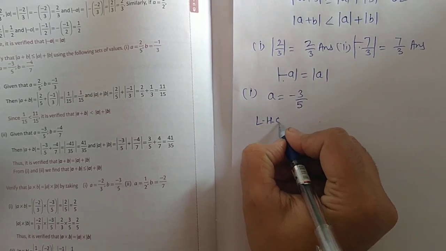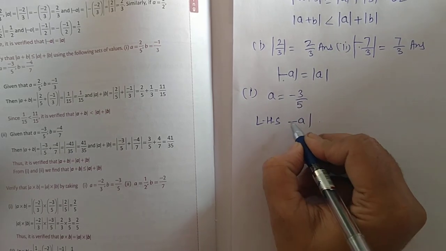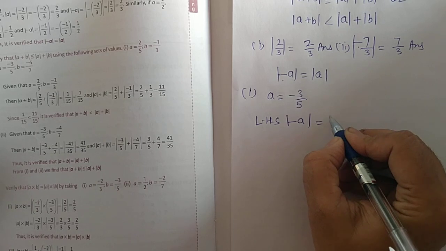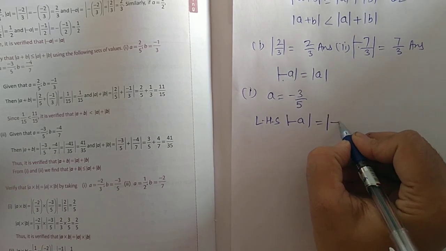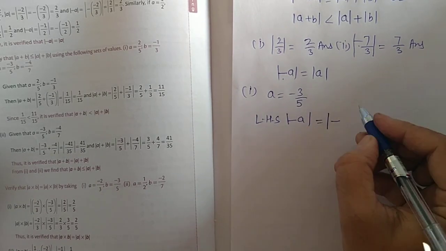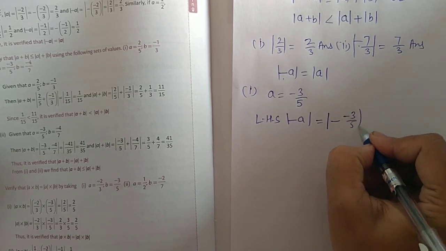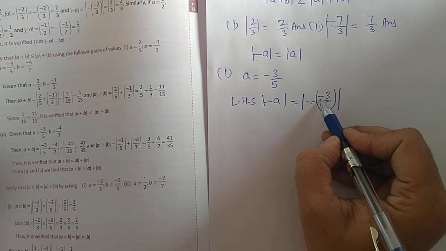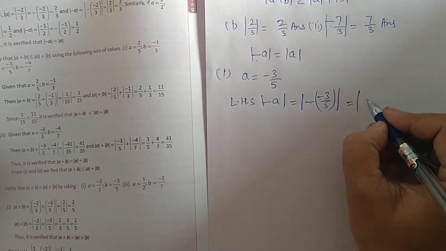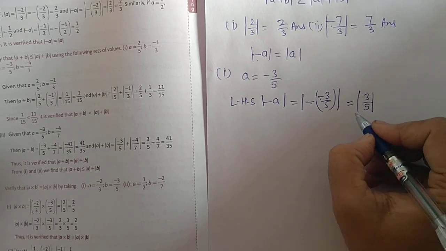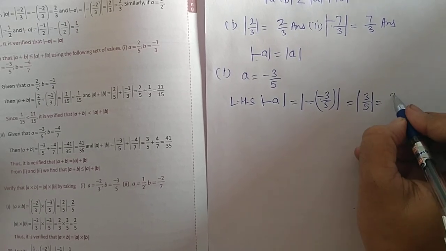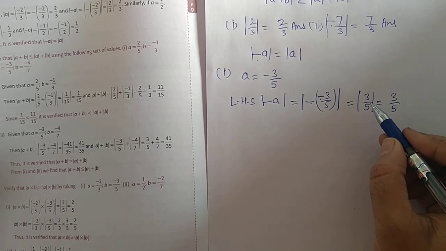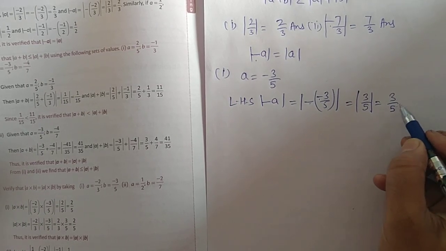Left hand side is mod of minus a, or absolute value of minus a, is equal to mod of minus, and a is here minus 3 upon 5. So negative will become positive. So mod of 3 upon 5, and its absolute value is 3 upon 5, meaning we will not consider any sign, we will take the numerical value.